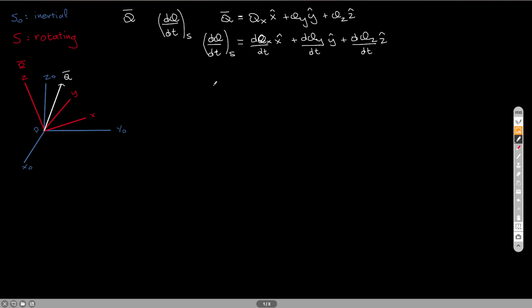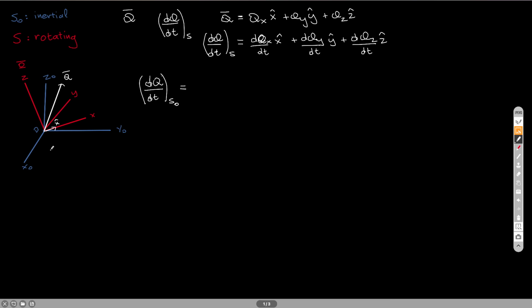Now, here's the thing. If I want to take the time derivative of q with respect to time, but in the inertial frame of reference, let me show you the following. This is x, and this is my x hat unit vector. If you are in the rotating frame of reference, x hat always points in the same direction. Even though your rotating frame of reference is spinning, you are spinning with it, so x hat stays constant.